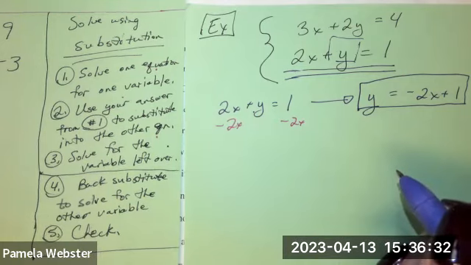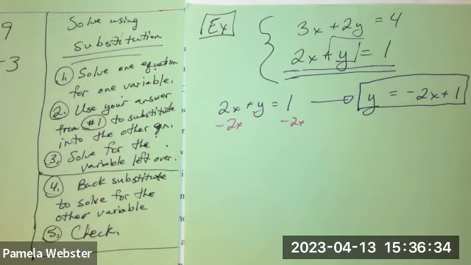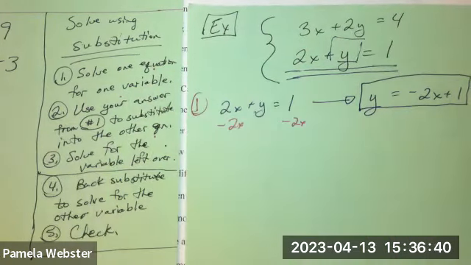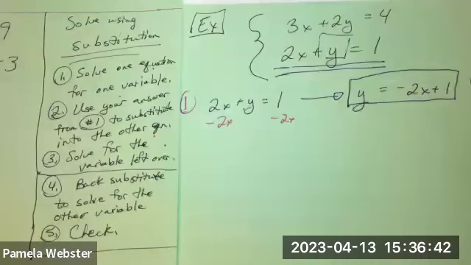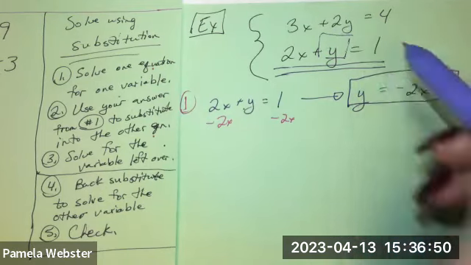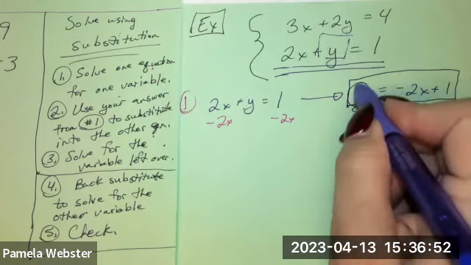If you're trying to keep up, that's step number 1. Step number 2 says use your answer to substitute into the other equation. Well, the other equation in this case is the first equation, right? I've got it solved for y.